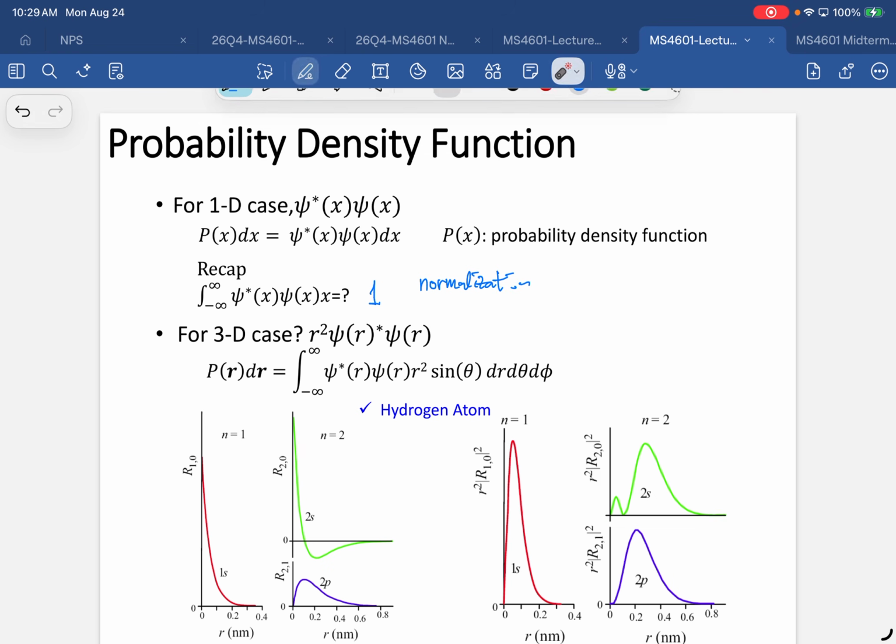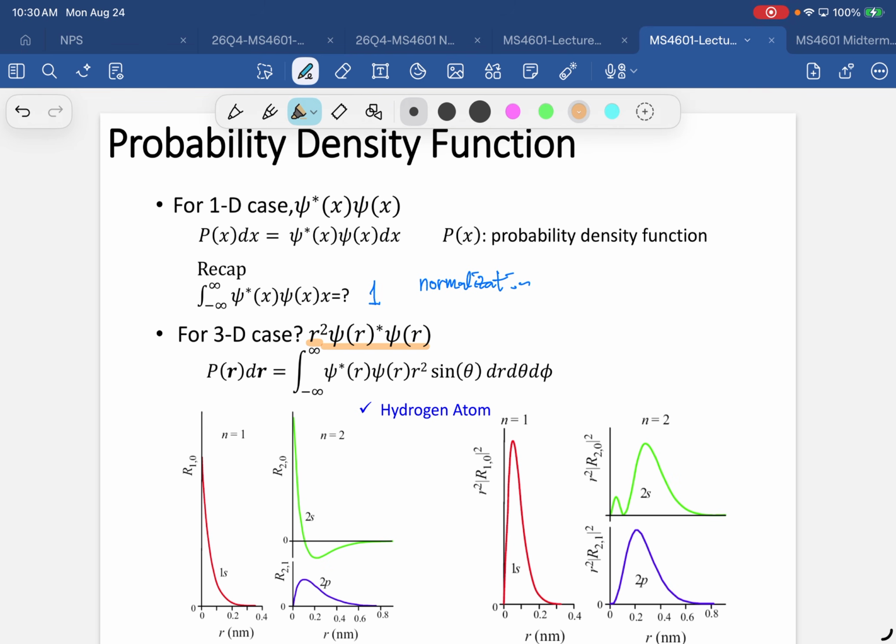For the 3D case, the probability density function description changes a little bit. Now it has r squared, because we are talking about the 3D case. So when we consider normalization, the integral has r squared in it, and then psi star psi, with psi going to zero at infinity.